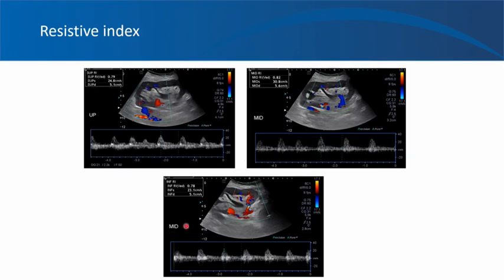This is just mislabeled as mid, just ignore it, but it is the lower arcuate artery, and the machine is saying, based on the peak systolic and end diastolic velocities, the resistive index here is 0.78. This is essentially a renal allograft with mild hydronephrosis, so resistive indices were slightly on the higher side. You see the collecting system is slightly prominent.